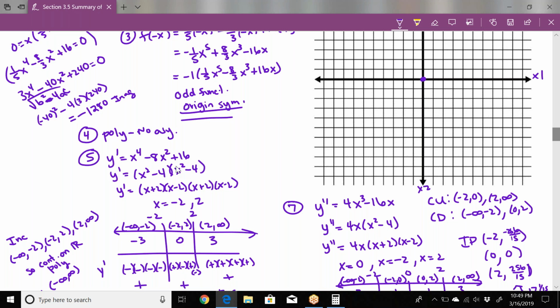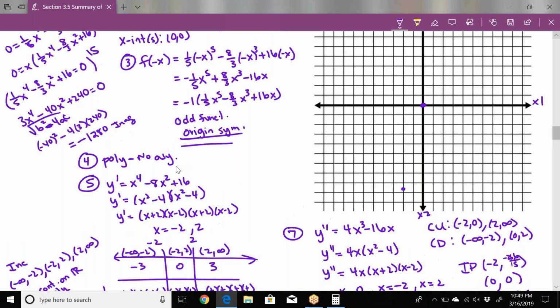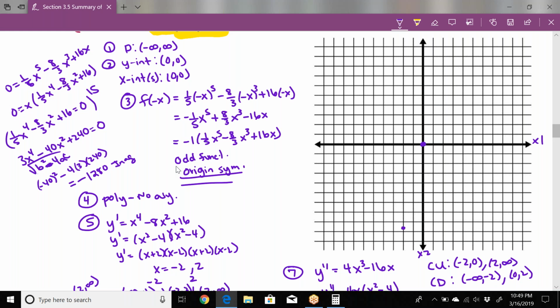If we go to -2 and then down 2, 4, 6, 8, 10, 12, 14, 16, 18, so -17 and 1/15 is going to be somewhere around there. And then we have a similar point up here. So we go +2 and then up 2, 4, 6, 8, 10, 12, 14, 16, and then about 17 and 1/15.